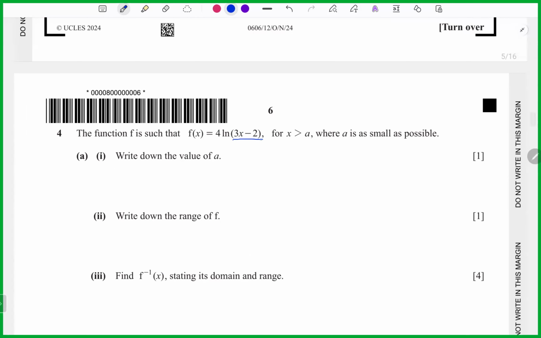For this part, the argument cannot equal 0, so 3x minus 2 equals 0 first, x equals 2 over 3. So a should be equal to 2 over 3. And what is the range of f? You can write f(x) is a subset of the real numbers. Now let's try part 3.